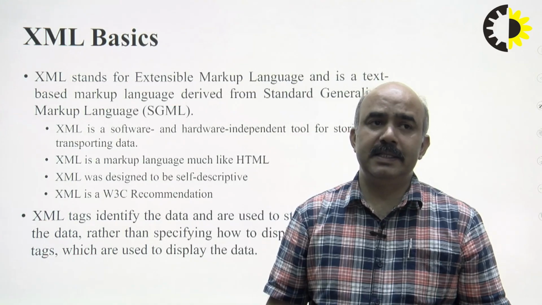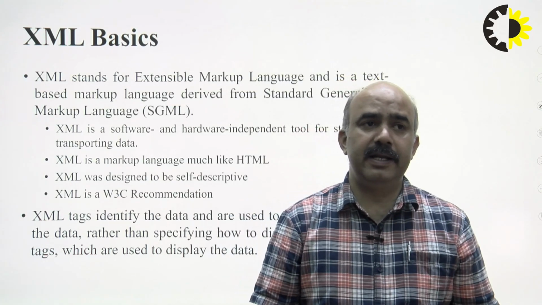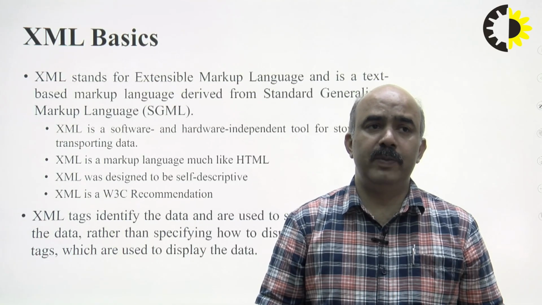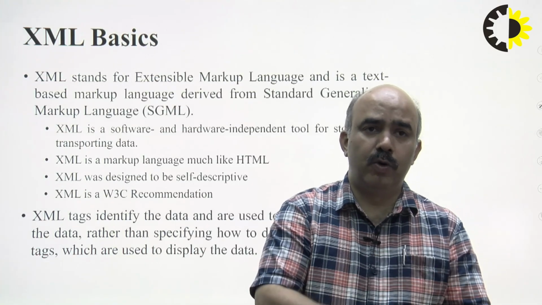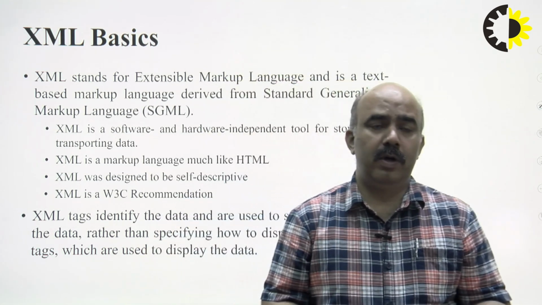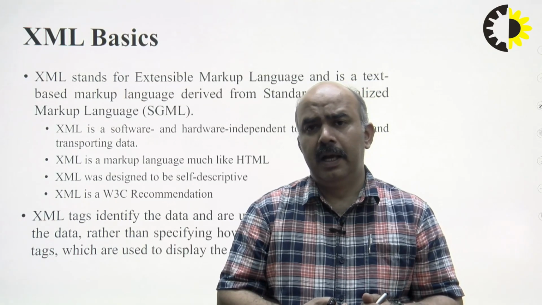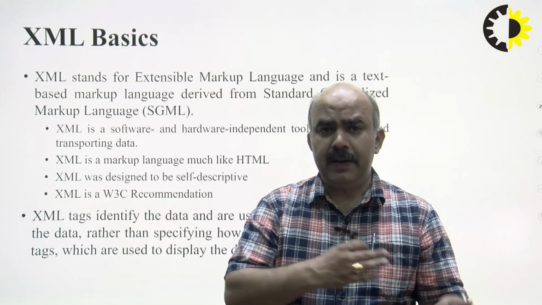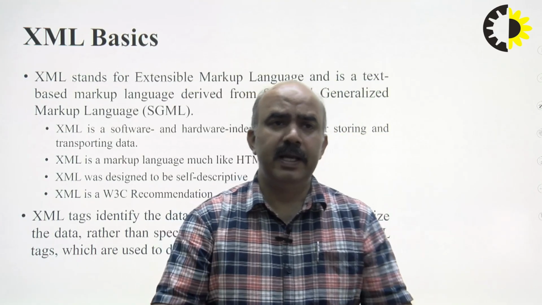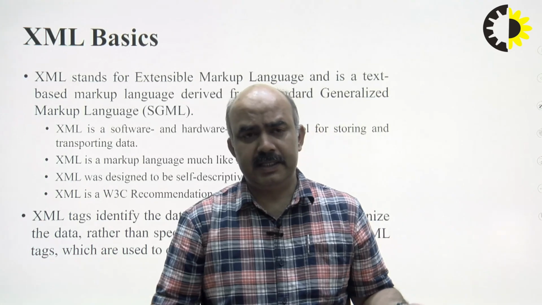And XML is a W3C recommendation. Here in XML, tags identify the data and are used to store and transfer the data, and how it is organized, compared to HTML, where we decide how the data is displayed using the various HTML tags.